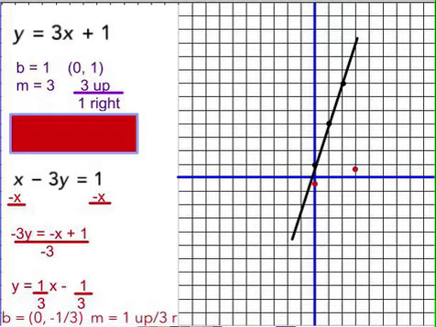And then we draw our line. Again, the point of intersection is our answer. Now, point of intersection is right here.